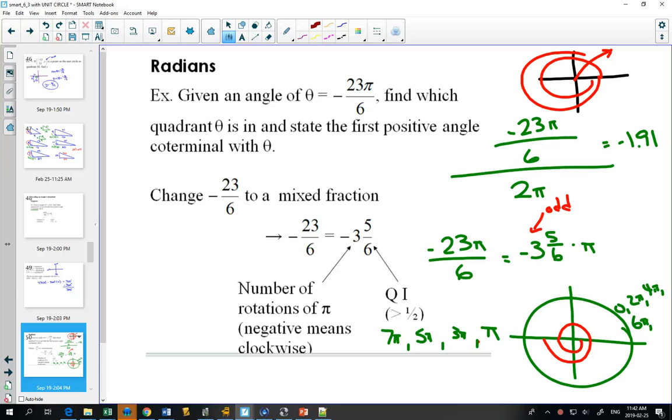So if I'm at negative 3 5/6, well, that 5/6 is more than half, so I know that it's going to end in quadrant 1.